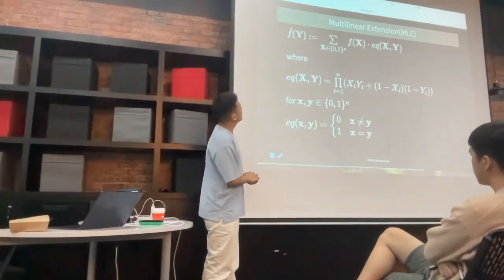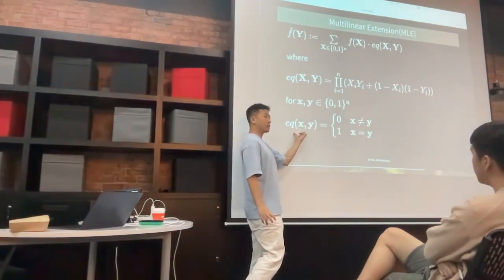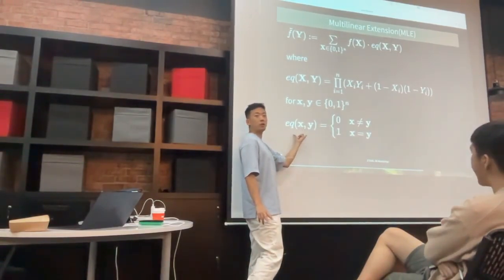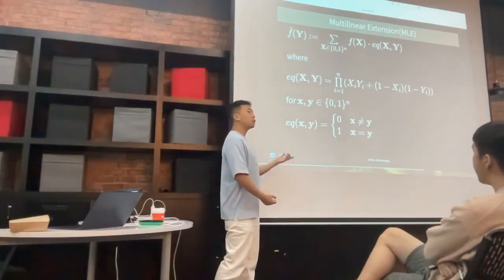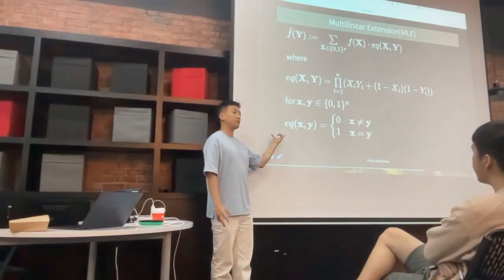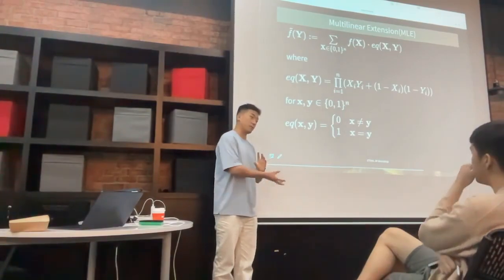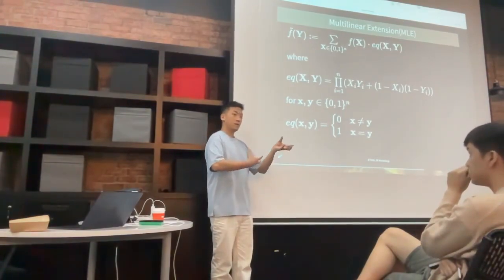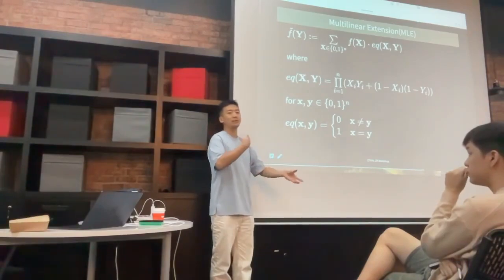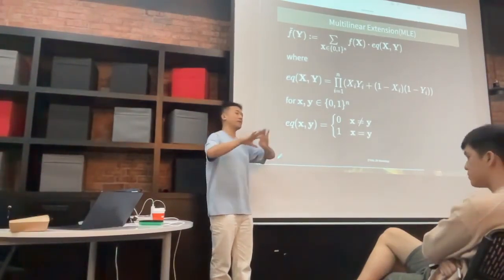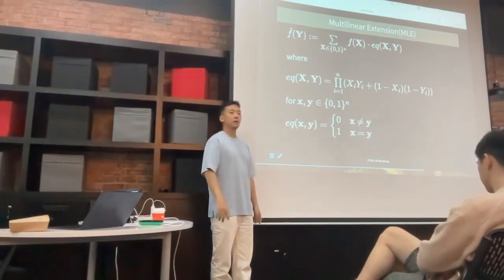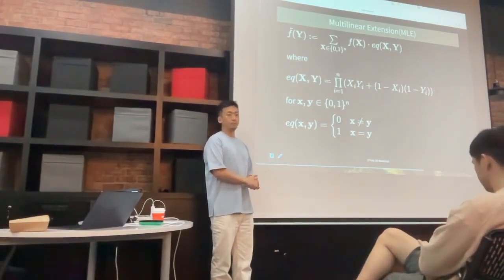Then what happens if we multiply this special equal polynomial with the original polynomial? It will always give you the same value on the Boolean hypercube, but it will not give you values for the other points outside the Boolean hypercube.